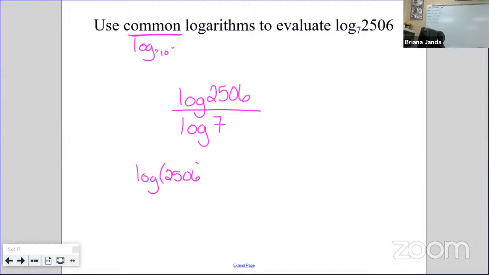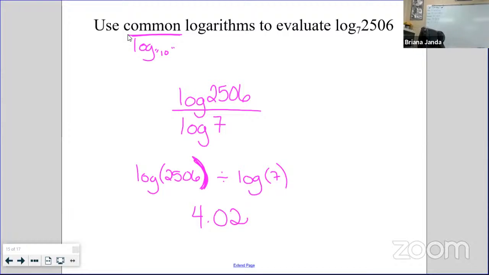Before I continue, I will need to close the parenthesis, then hit divide by, and type in log 7. When you do that, you should get 4.02. If you are not, you're going to talk to me about what you're typing in. Approximately 4.02. You can also type it in as a fraction if you have that option on your graphing calculators.